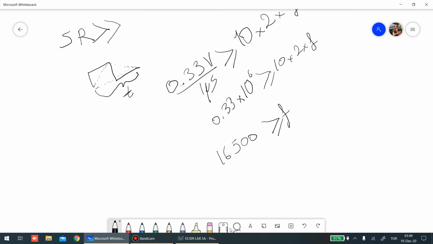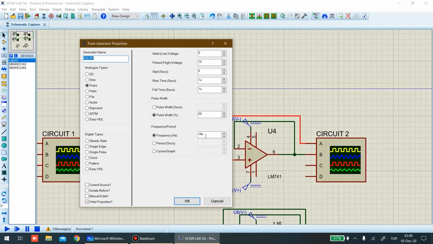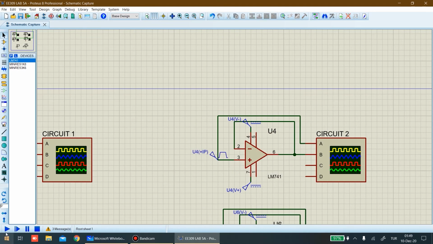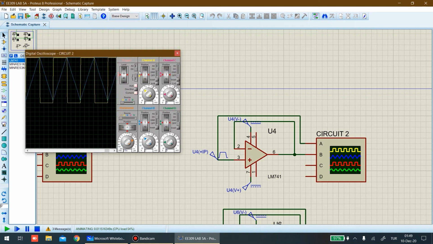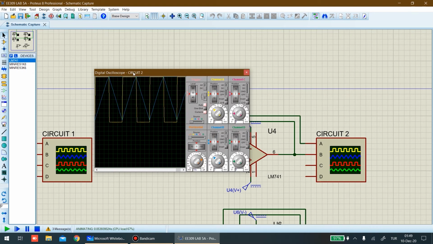Let's see. Yes, as we can see, it is at the limit.